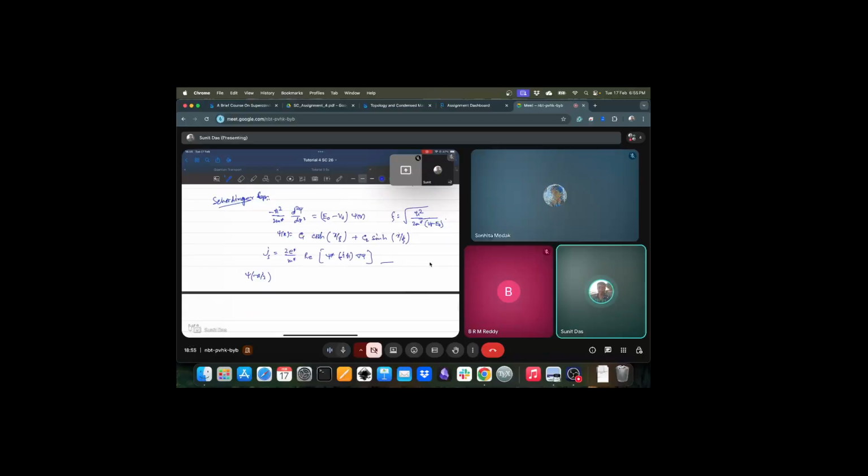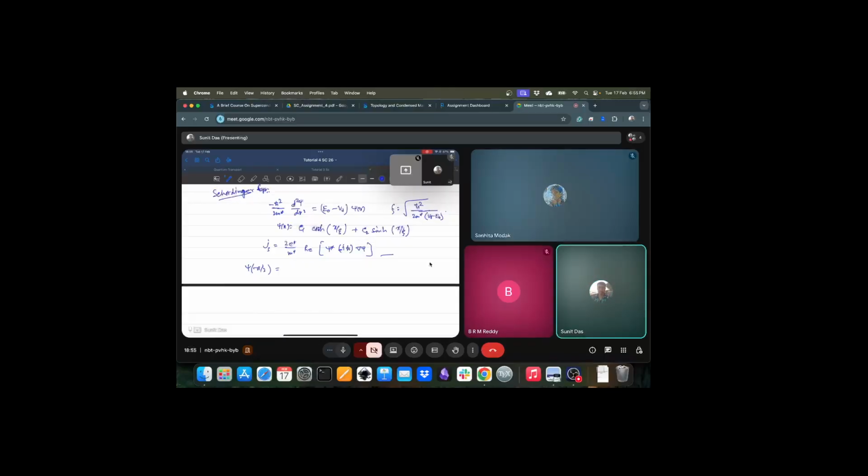So the psi at minus a by 2 is, let's assume, root over n l e to the power i phi l, where n is the density, and psi of a by 2 equal to root over n r e to the power i phi r.